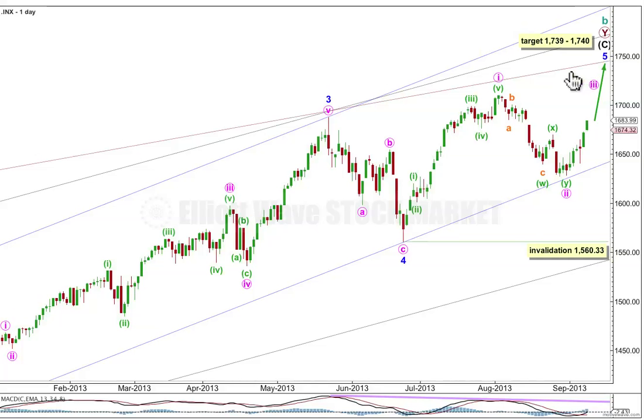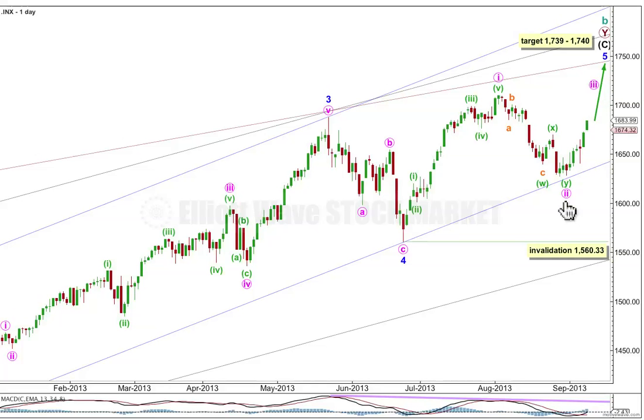And I'm still expecting upwards movement, at least initially, to find resistance at the upper edge of this big maroon channel, which contains all of cycle wave B on its way up from the start at 666.76. The structure for minor wave 5, as I have it labelled here, is incomplete. We have minute 1, a deep second wave double zigzag for minute 2, and a third wave unfolding, showing an increase in upwards momentum, which is exactly what we were looking for this week.